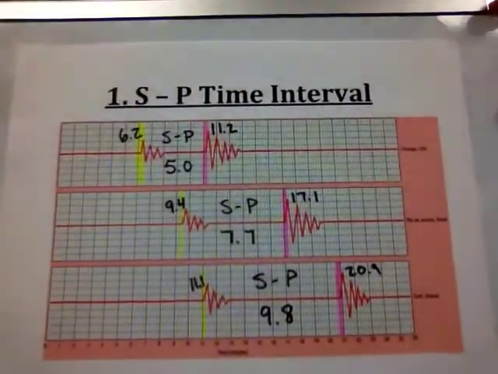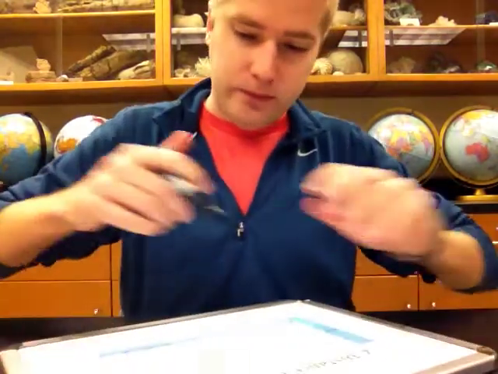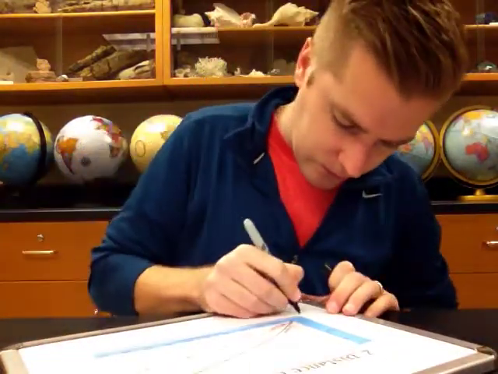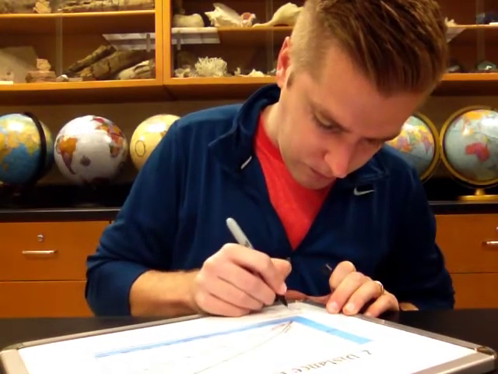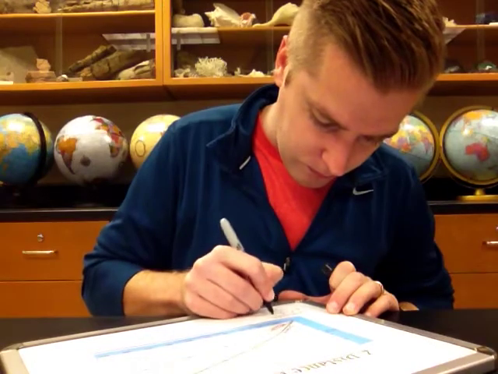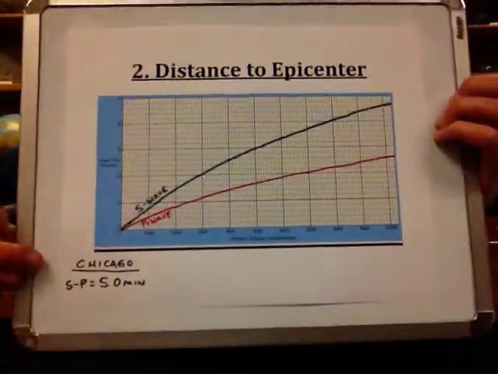So what we're going to do is we will start with Chicago. In Chicago, we have a 5-minute S minus P time. So I'm going to make note of that. Chicago has an S minus P time of 5 minutes.